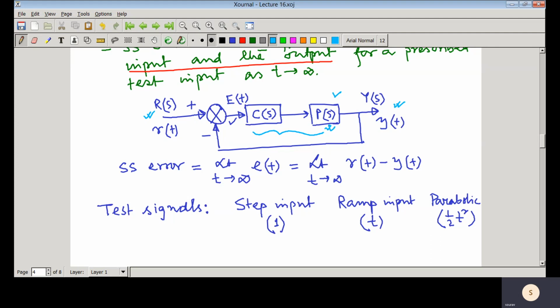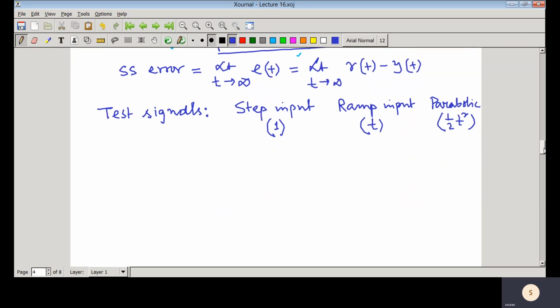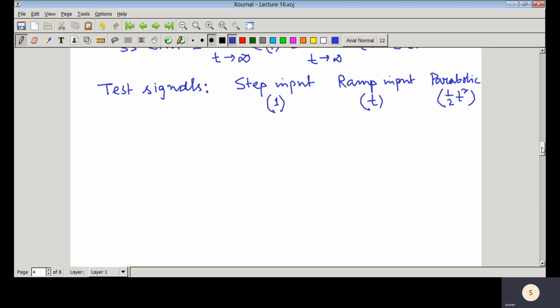If we take this as the forward path transfer function, then for the unity feedback case we can calculate the output, and then find the difference between the reference signal and the output, which is the steady state error. This is E(s) in the Laplace domain, and this is e(t) in the time domain.